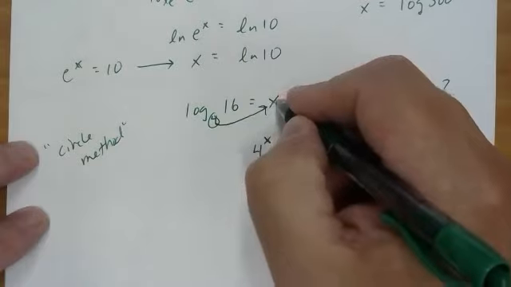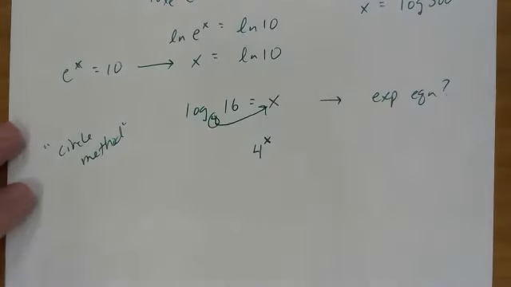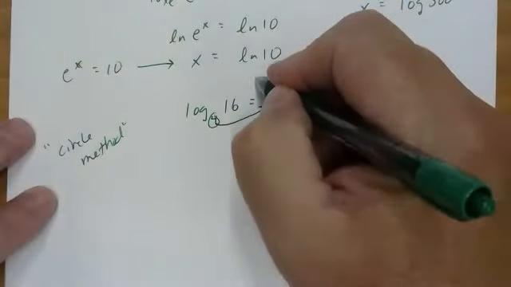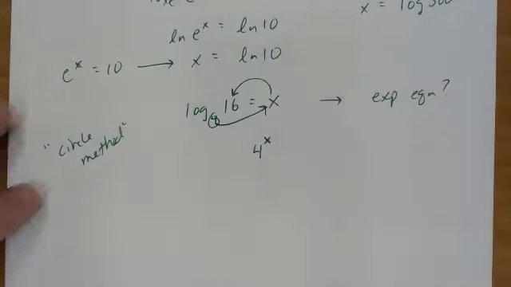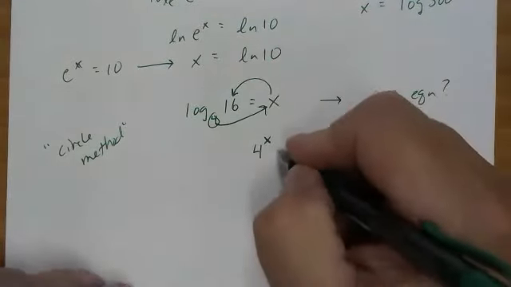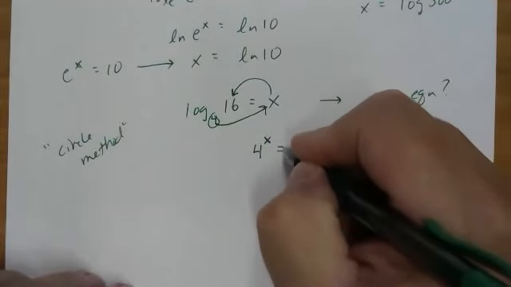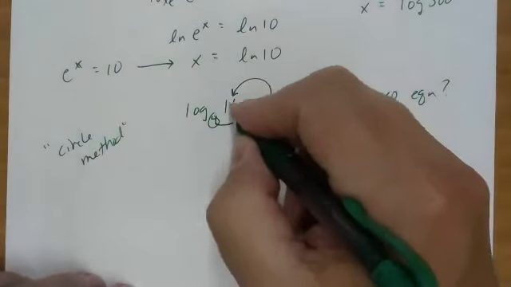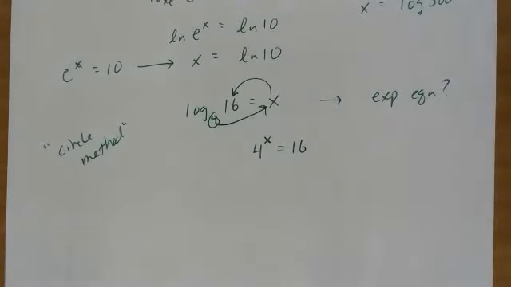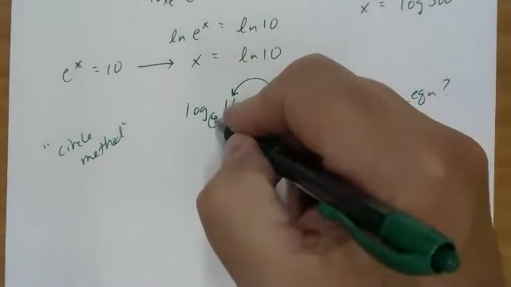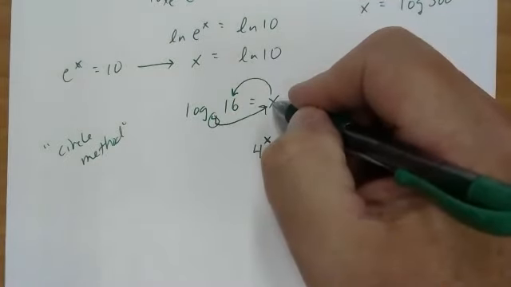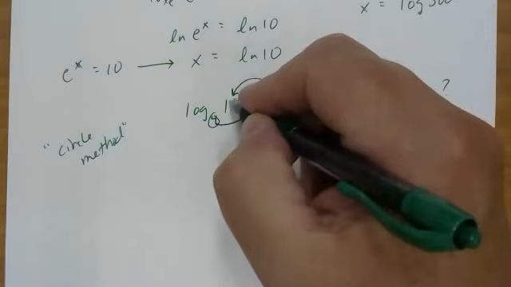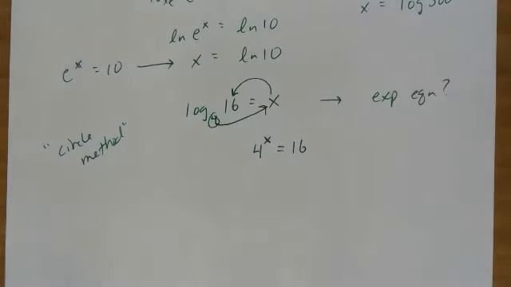You go to the other side, whatever's over here becomes your exponent. And then you go back again to the other side, and you write equals whatever is inside your original log. So it's almost like you make a circle. You start here, you go to the other side of the equal sign, then you come back, and then boom, there is your exponential equation.